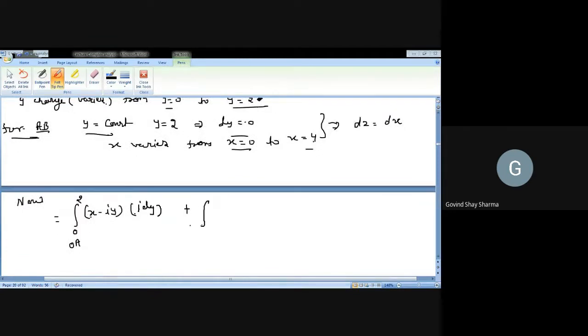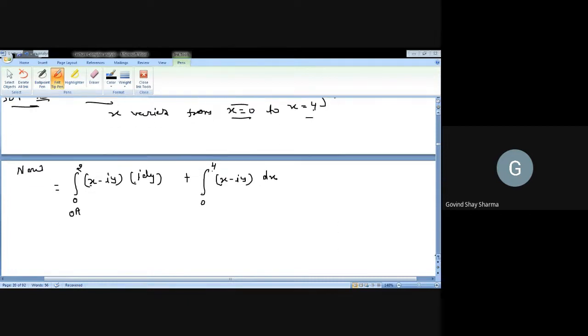Plus integral from 0 to 4 of x minus iota y dx, because y is constant, so dy is equal to 0.